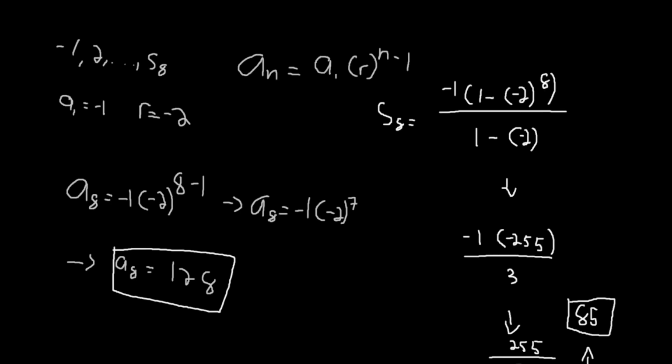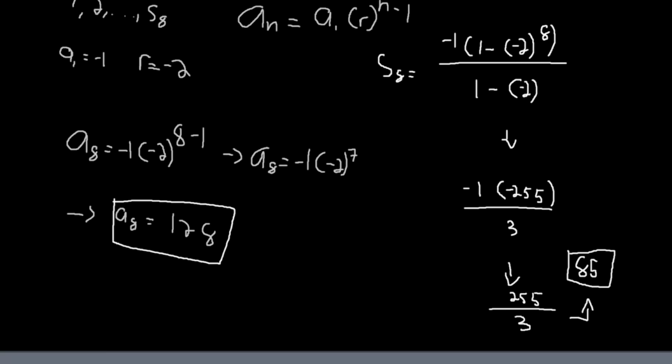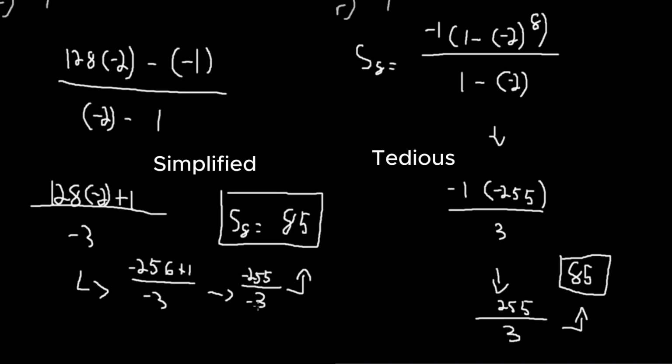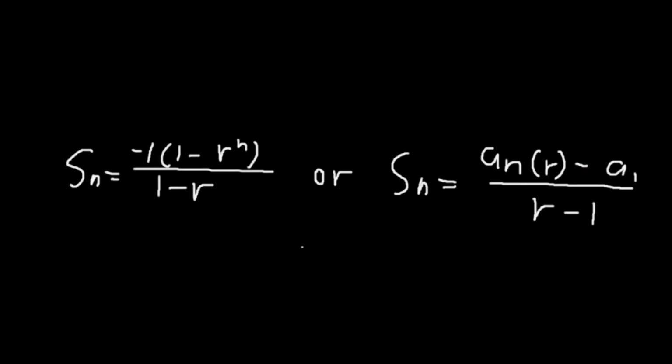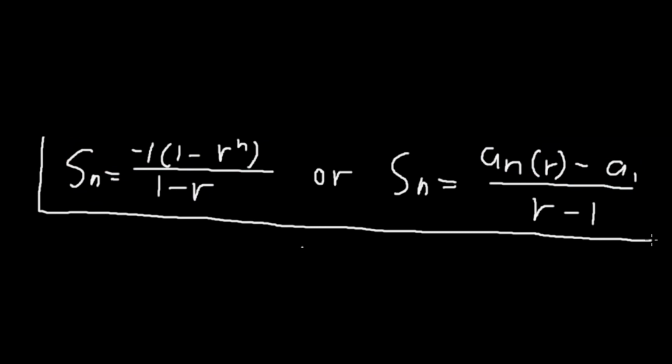Using that formula will also arrive at the same answer. So just remember that these two formulas are technically the same. You can either use the original formula or the more efficient, simplified version.